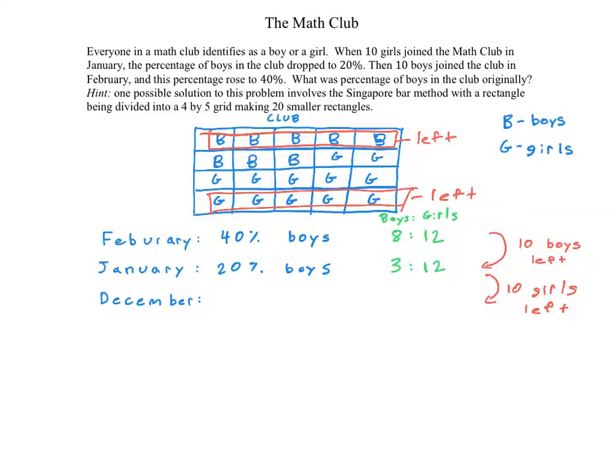So what is the new ratio of boys to girls? Well, there would be 3 parts boys, and if we count them in the table, there would be 1, 2, 3, 4, 5, 6, 7 parts girls. So what is the final percentage in December of boys of our club? Well, it's 3 out of 10. So that would give us 30% boys as our final answer.